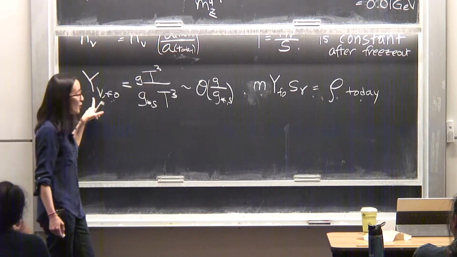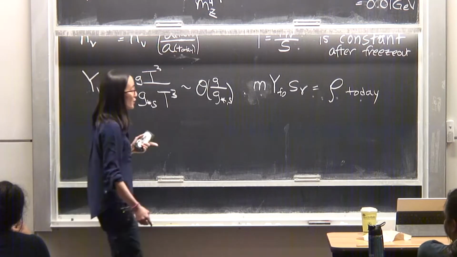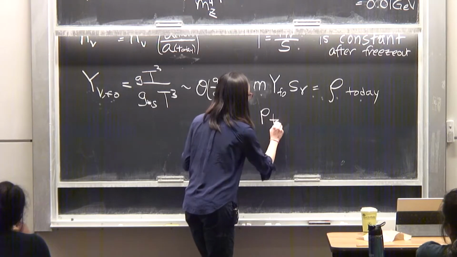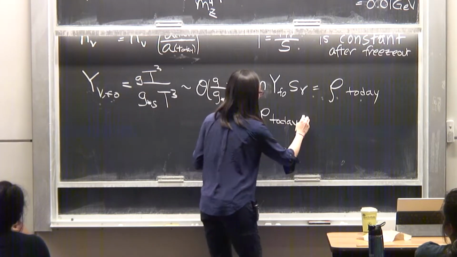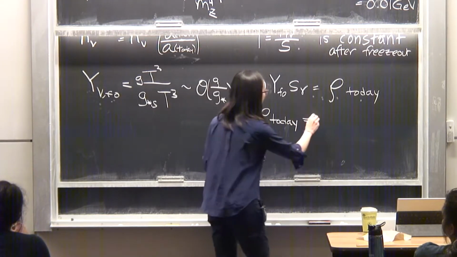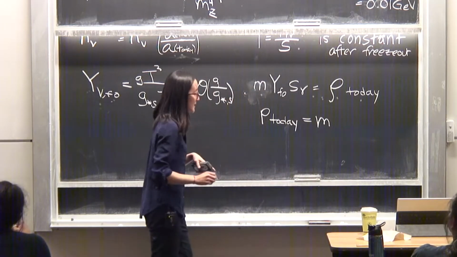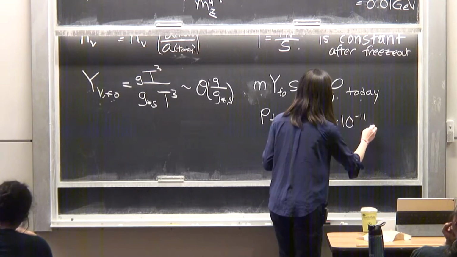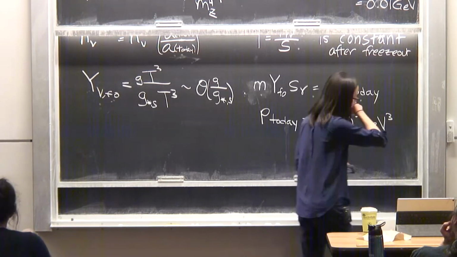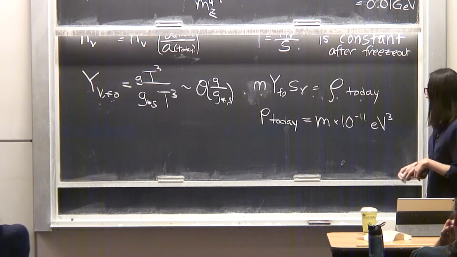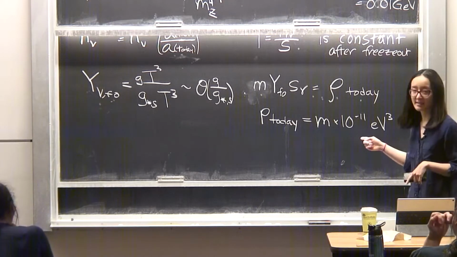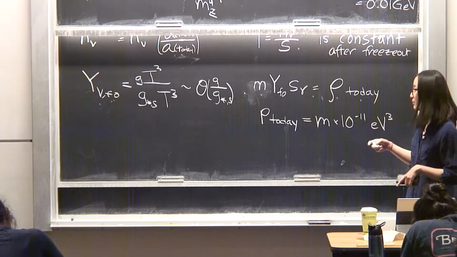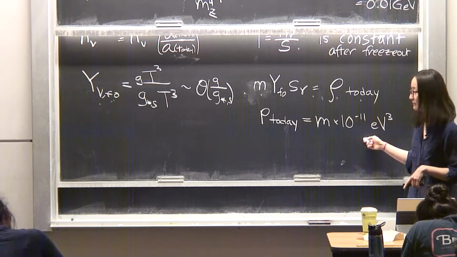This co-moving number density is just an order one number, so I'm going to drop it, and then I get rho today is equal to the mass times the entropy density, and anything that's heavier than an eV will produce way too much dark matter.